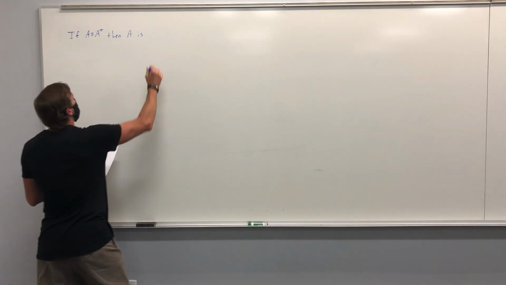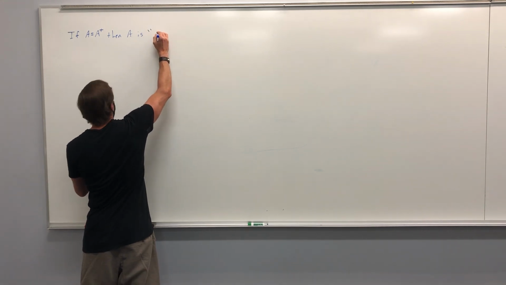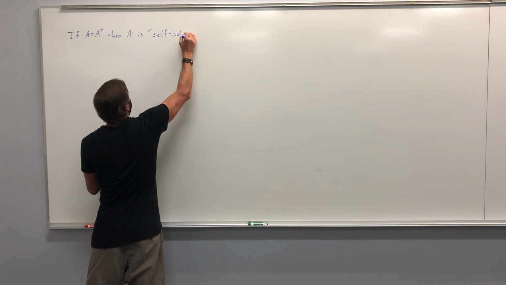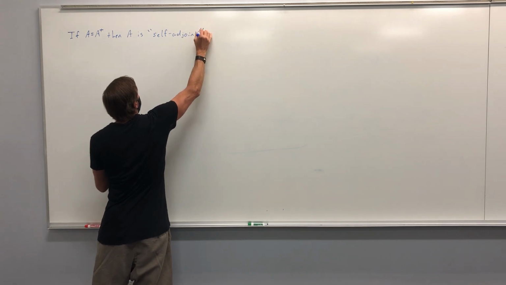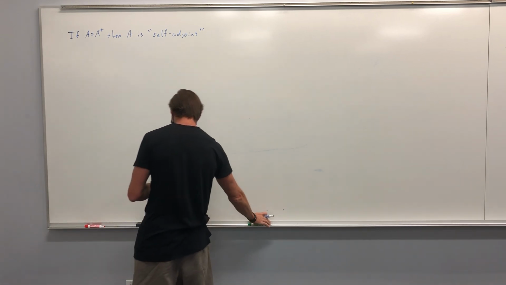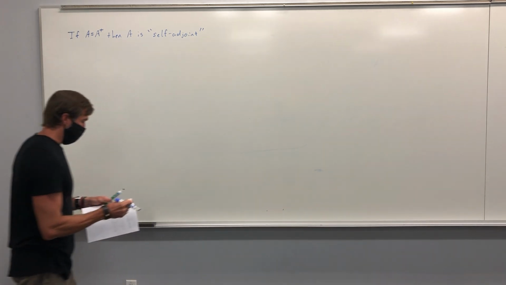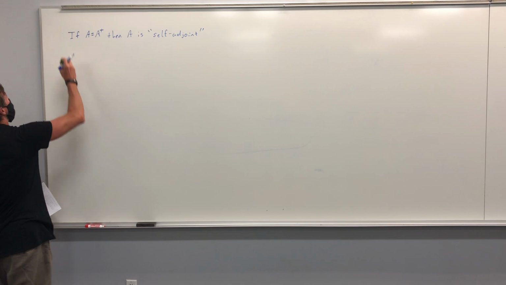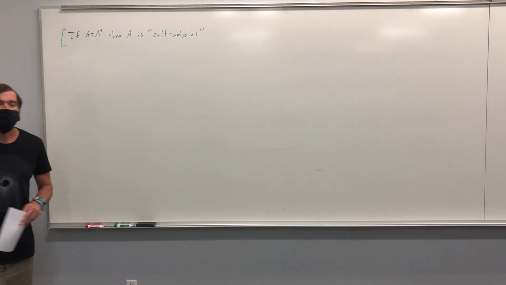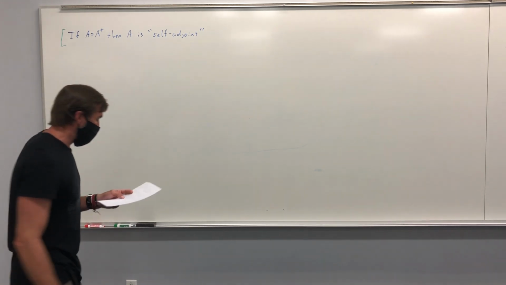A is self-adjoint. You might be laughing. Of course, this includes Hermitian, but it also includes another case.